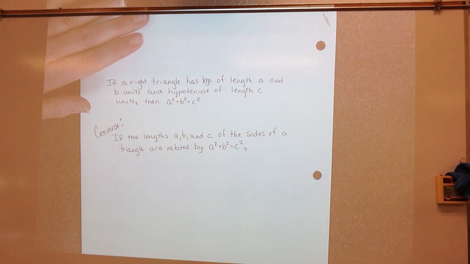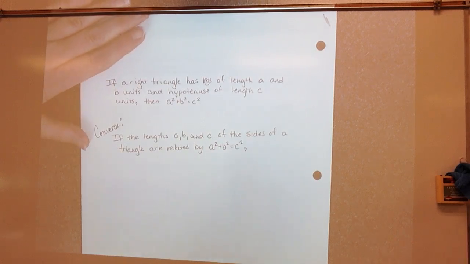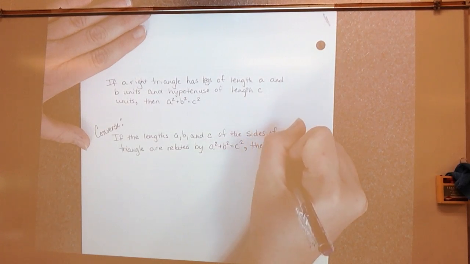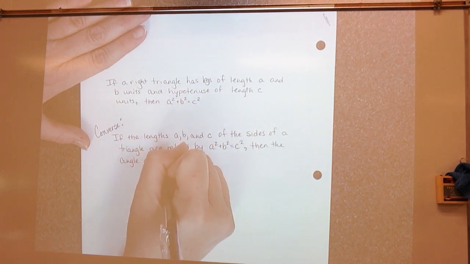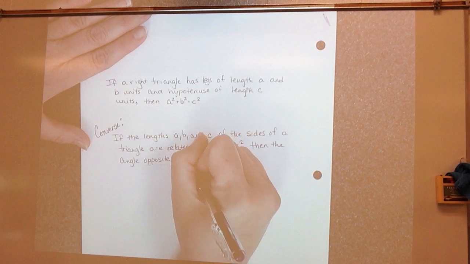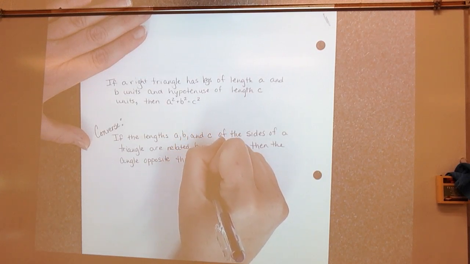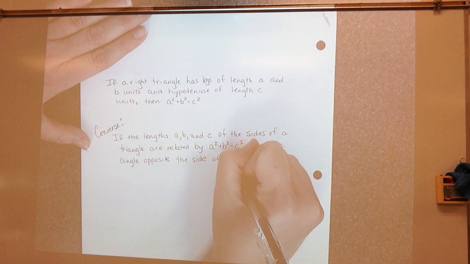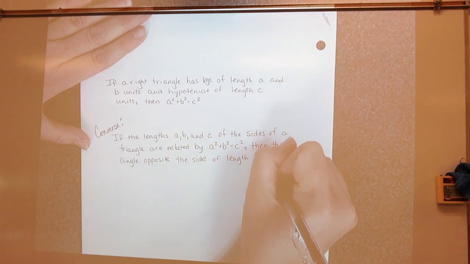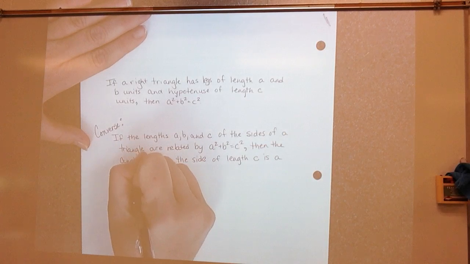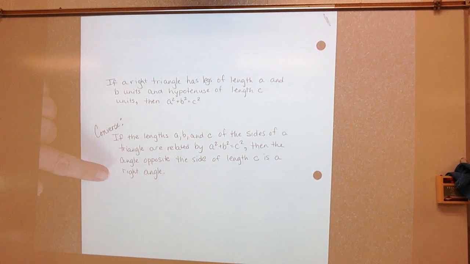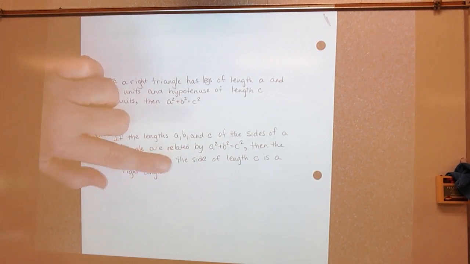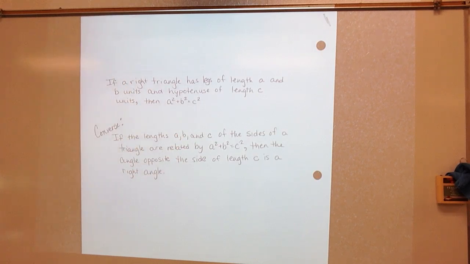Then the angle opposite the side of length c is a right angle. So if I can show that a squared plus b squared is equal to c squared, then I'm proving that it is a right triangle.